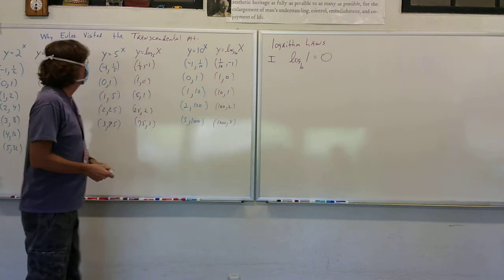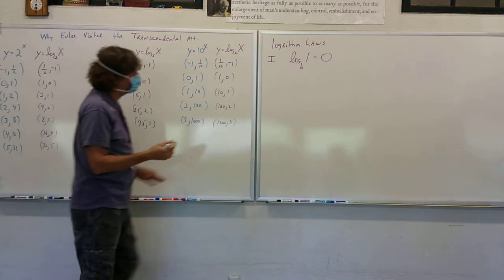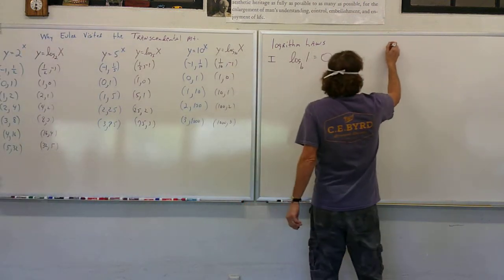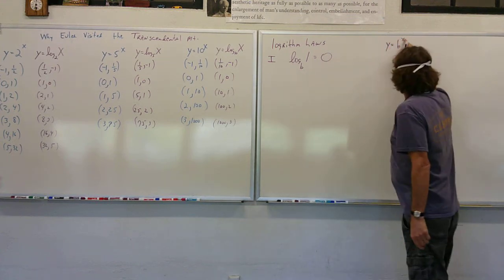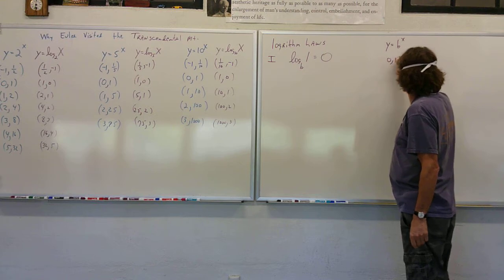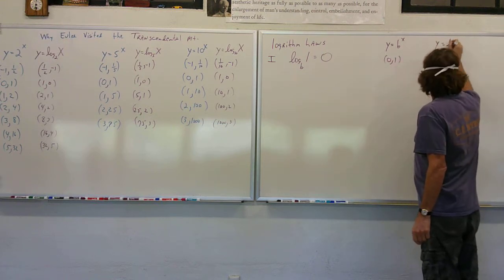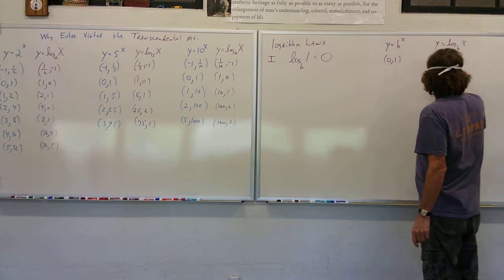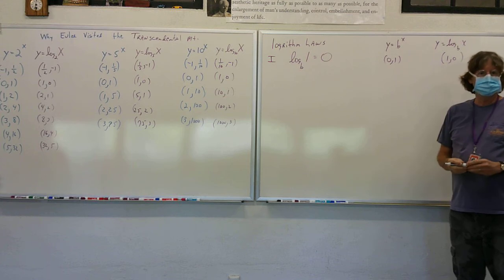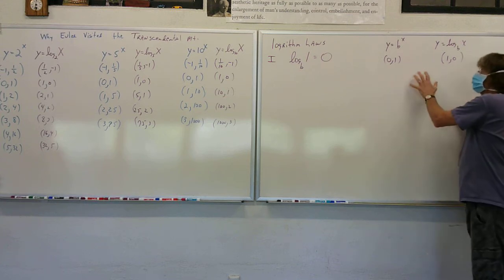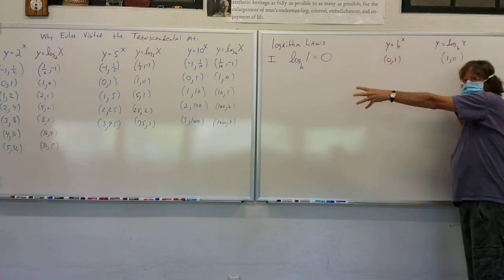And remember, if you have y equals b to the x, if you put 0 in there, you're always going to get 1 out. So the inverse, y equals log base b of x, has to turn 1 back into 0. There's a little explanation of how the law works, and you can see it if you see the numbers.